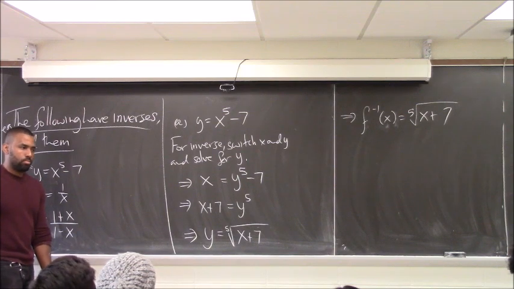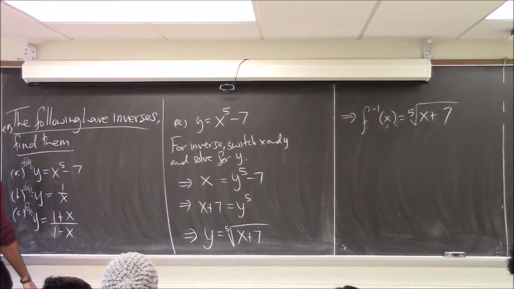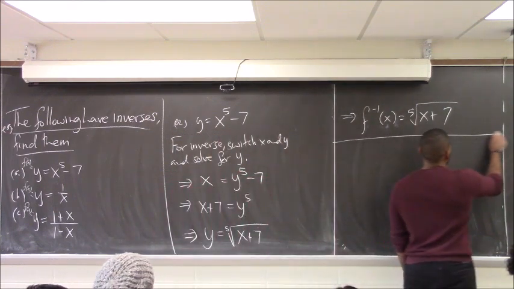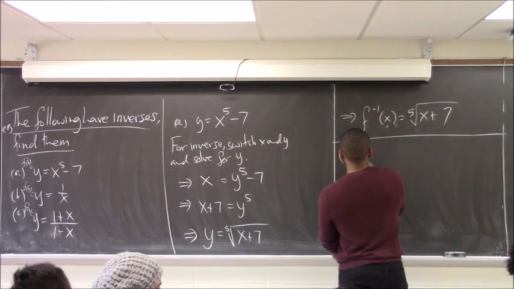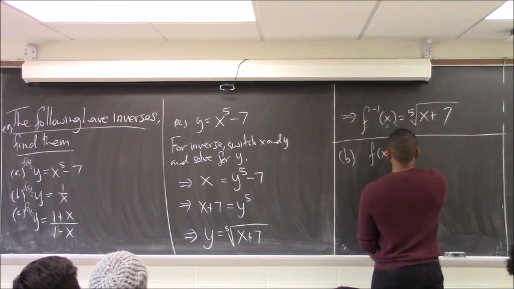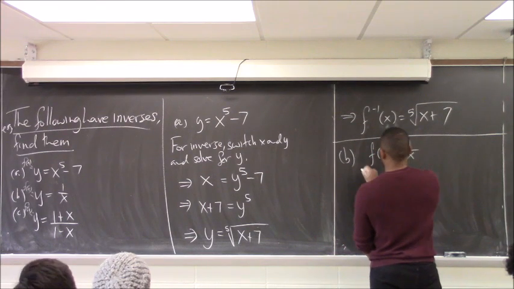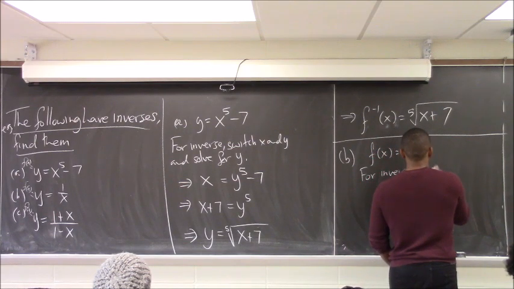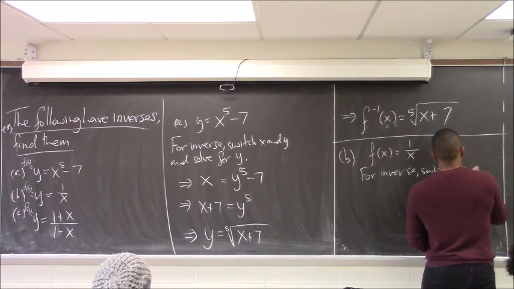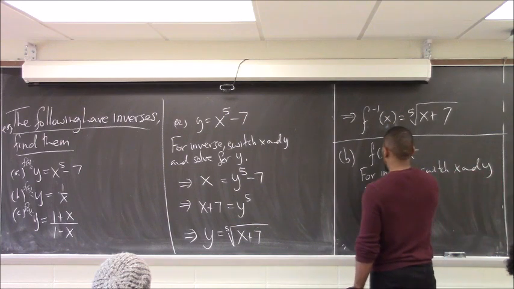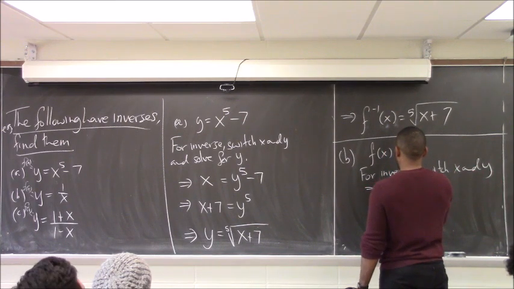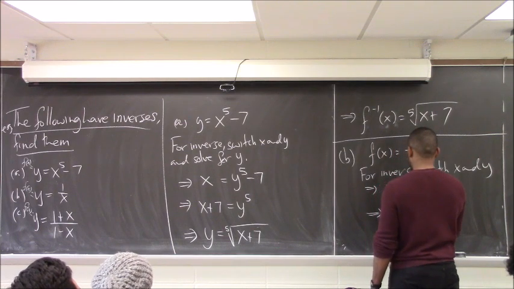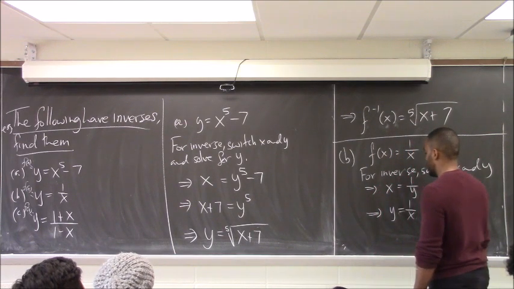Questions on that? Similarly, with b, f of x equals 1 over x, for the inverse switch x and y. This means my x is equal to 1 over y. I would solve for y and get y equals 1 over x.